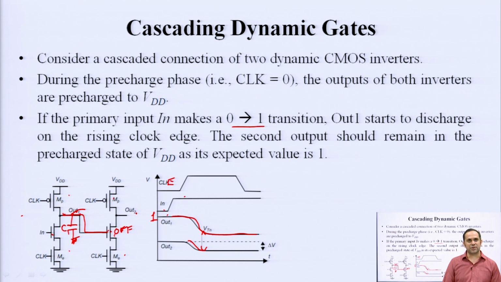If it is an asynchronous circuit which is low for a small period of time and high for a large period of time, then the charging cycle is again going to take a large amount of time. And for that time duration, the charge on the second output, out 2 here, is lost. Now, this is giving us erroneous output. Out 1 should have discharged, that is expected, but out 2 should have held its value 1.